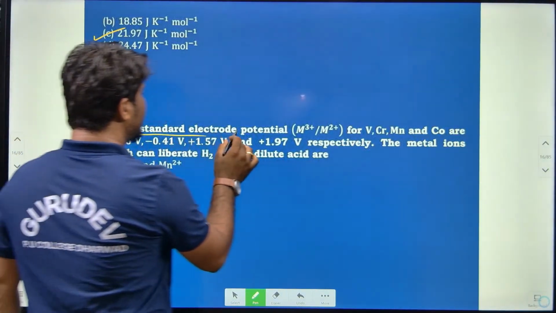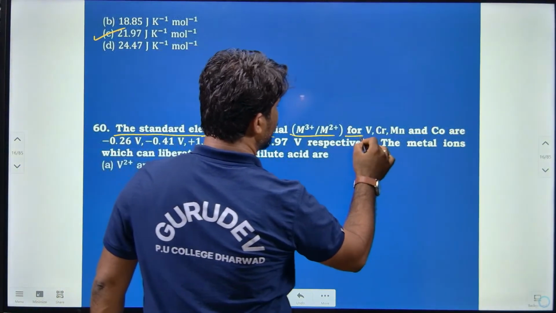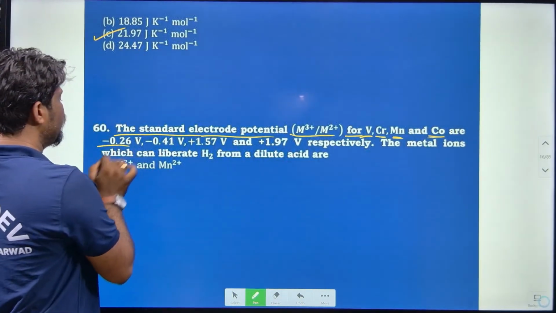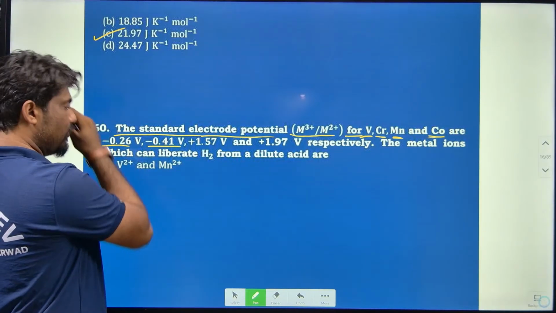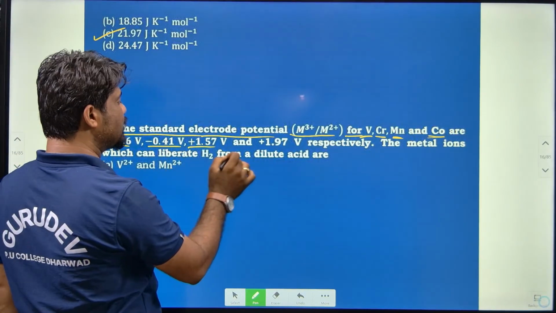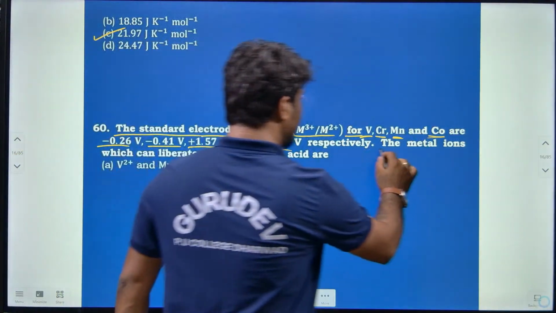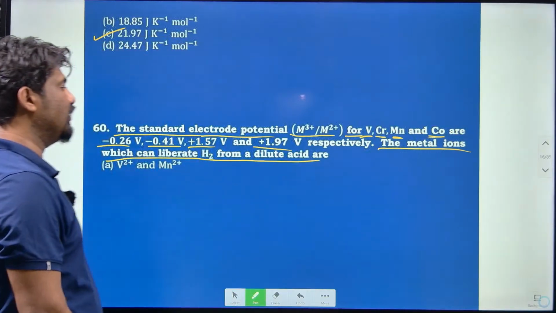The standard electrode potentials, M plus 3 to M plus 2, for vanadium, chromium, manganese and cobalt are minus 0.26 volt, minus 0.41 volt, plus 1.57 volt and plus 1.97 volt respectively. Which metal ion can liberate hydrogen from dilute acids?